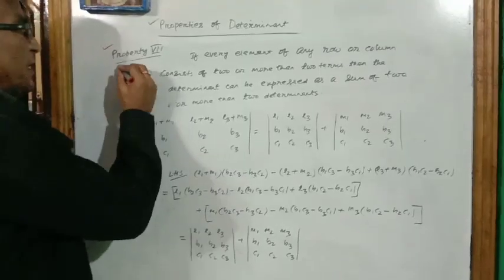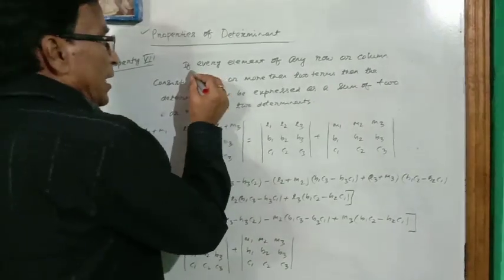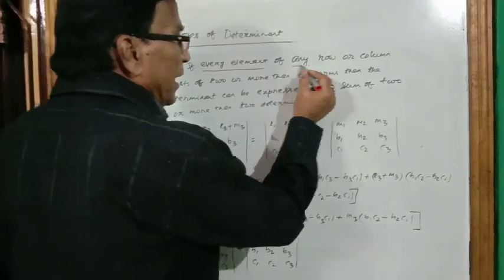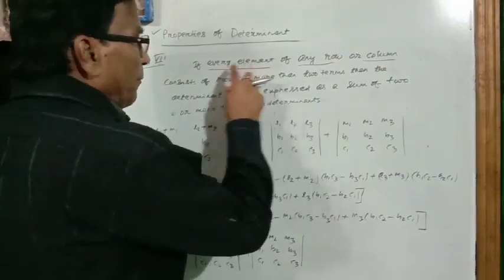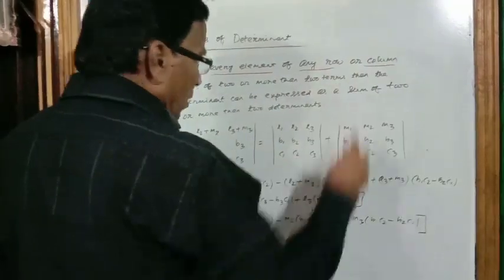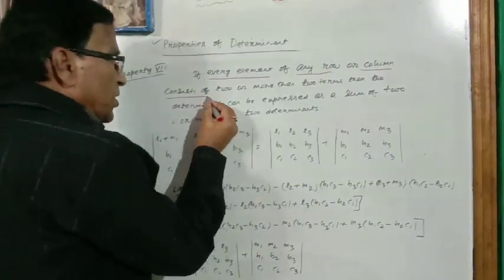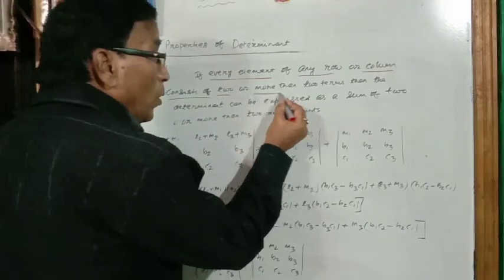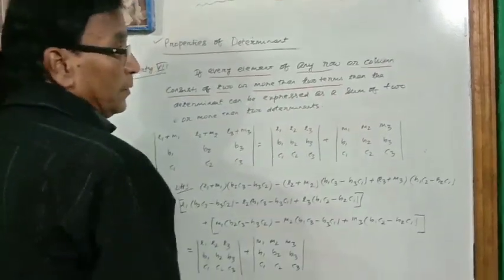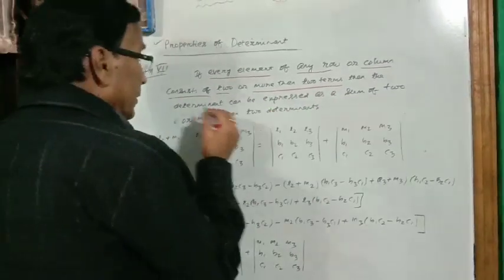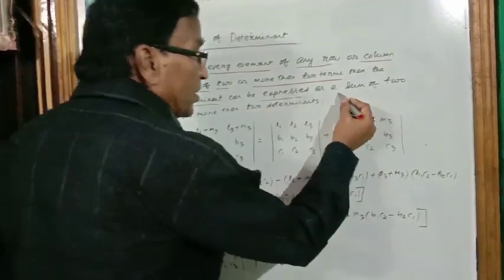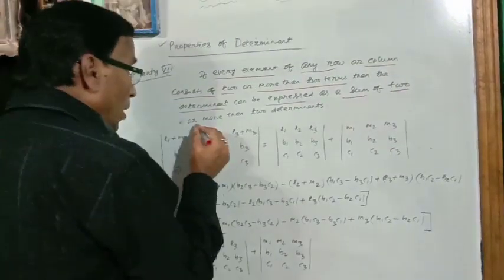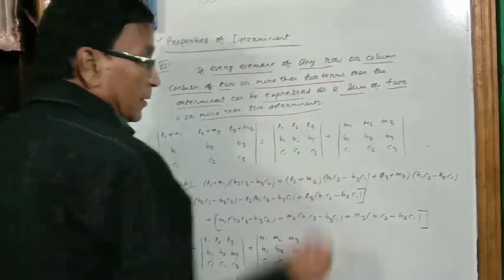Next is property 7. If every element of any row or any column consists of 2 or more than 2 terms, then the determinant can be expressed as a sum of 2 or more than 2 determinants.